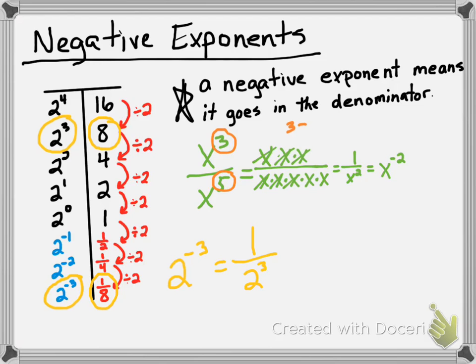So we have 3 minus 5, and that's going to give me negative 2. That's why the answer to this problem is x to the negative second power. And you can see that that happens when the x's are in the denominator instead of the numerator. So again, negative exponents means that it's in the denominator.